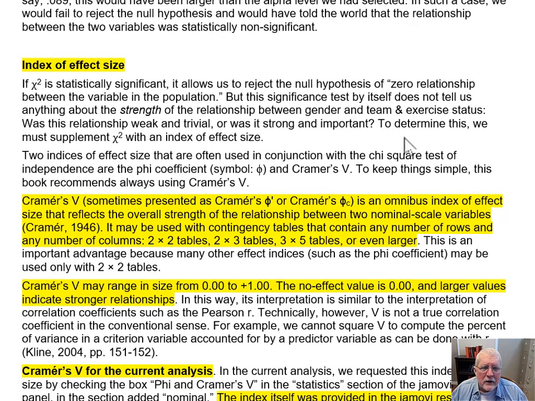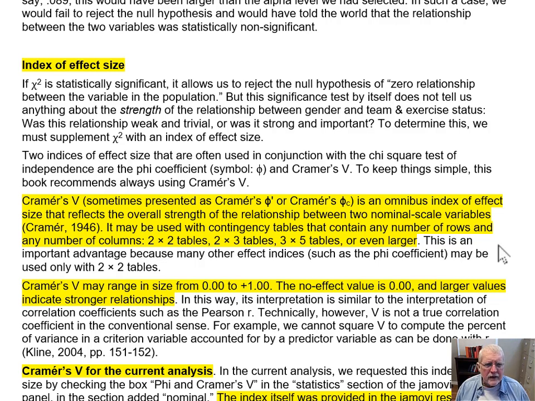Now, just because my results are statistically significant does not necessarily mean there's a strong relationship between the two variables. To determine that, I need to review my index of effect size. Cramer's V, sometimes represented as Cramer's phi or Cramer's phi with a C subscript, is an omnibus index of effect size that reflects the overall strength of the relationship between two nominal scale variables.